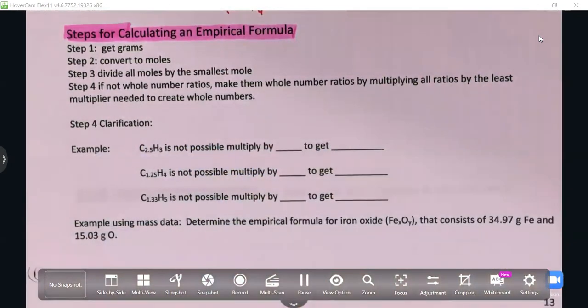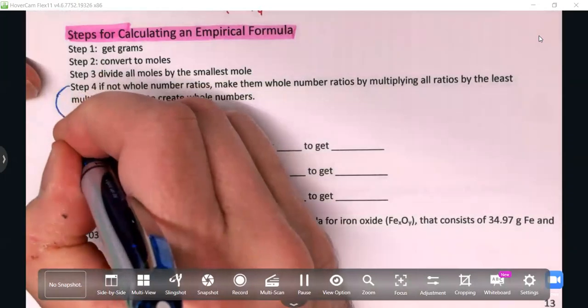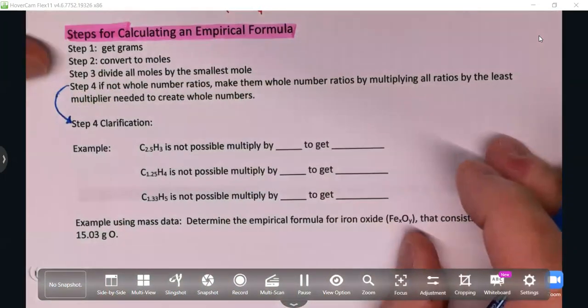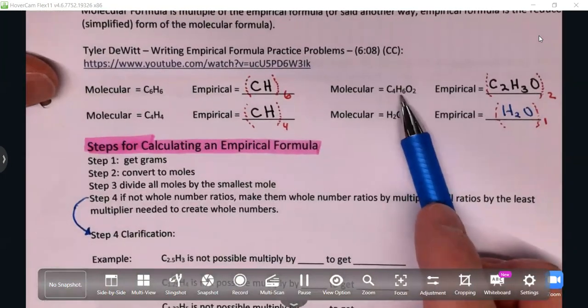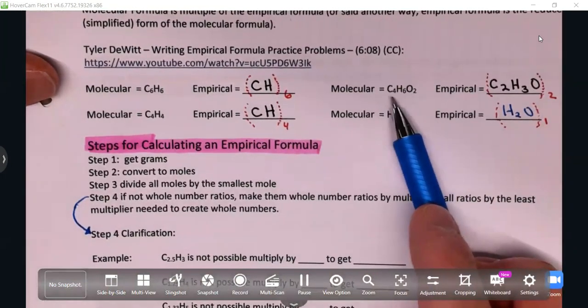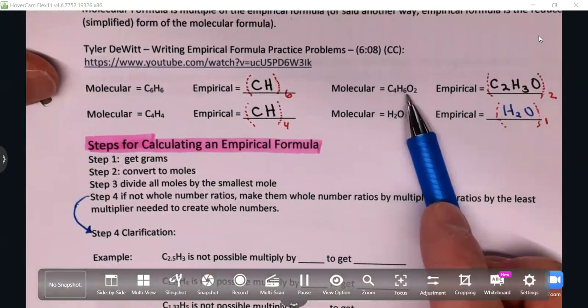What the heck does that mean? So here I put a step 4 clarification. This is what it means. We know that we have whole numbers right here, correct? We don't have any fractions. We don't have any halves. You don't have half a carbon in a molecular formula.